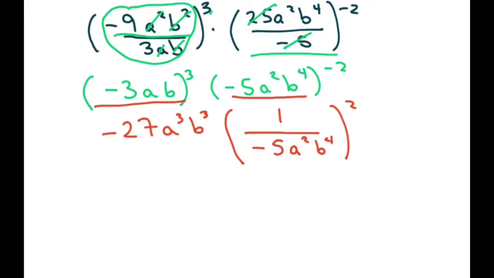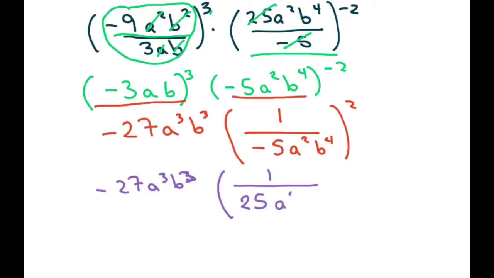And so I'm going to copy down the next line. It's a 3. And then 1 squared is just 1. -5 squared is 25. A squared squared is a to the 4th. And b to the 4th squared.